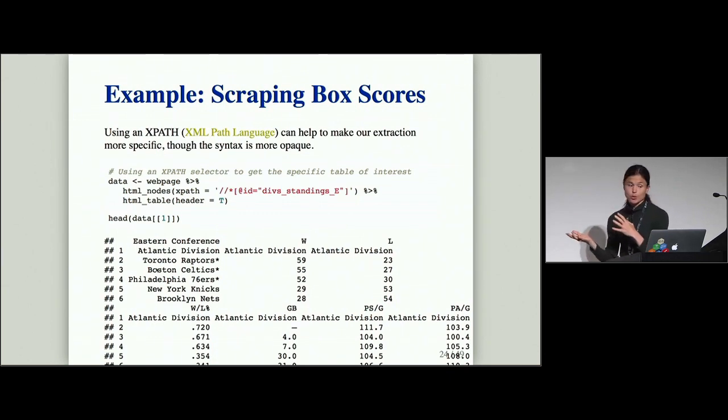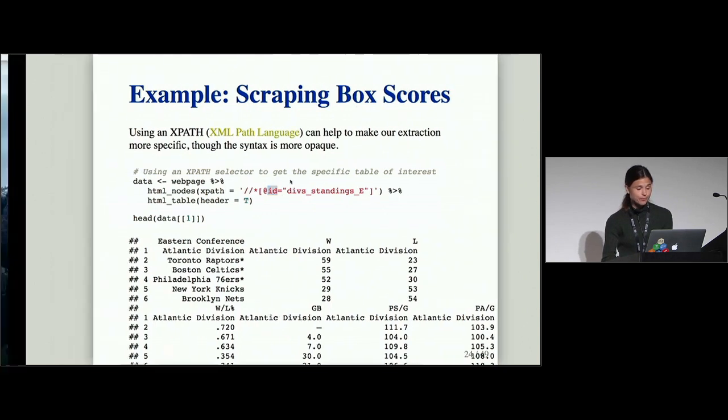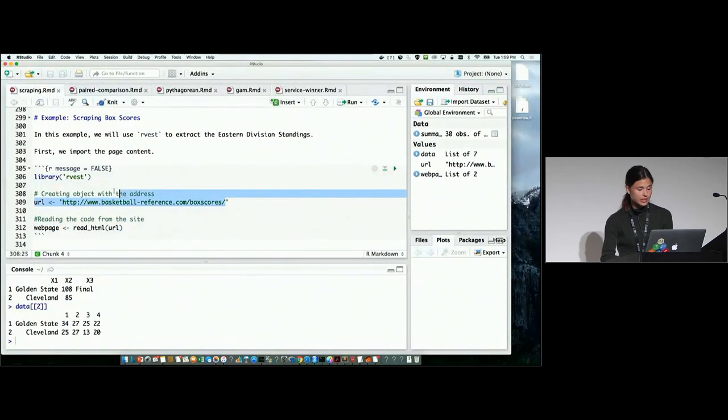But here's an example. If I wanted to isolate the division standings, I could use the ID element. Now, where did I get that from? So let's go back to this view source.